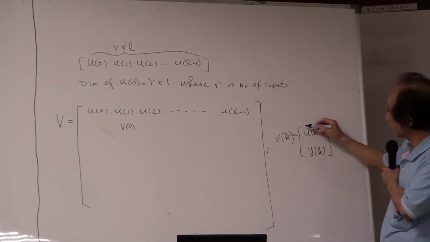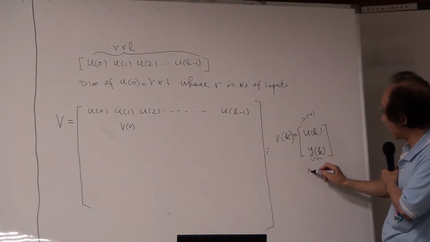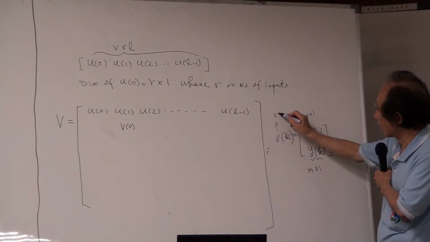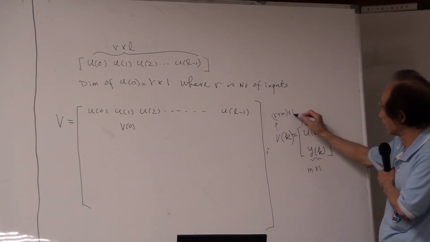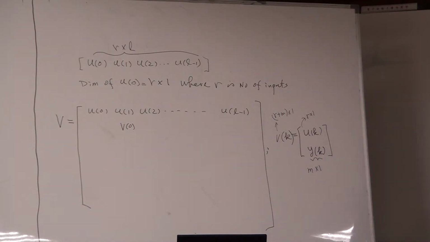So, Uk is R by 1, Yk is M by 1, so Vk is R plus M by 1. So this is the number of inputs, this is the number of outputs. There's no complication here. This is nothing but putting the input data and output data in this form.